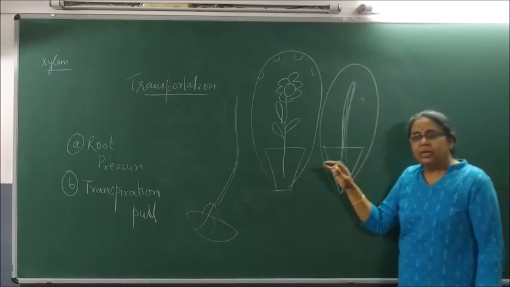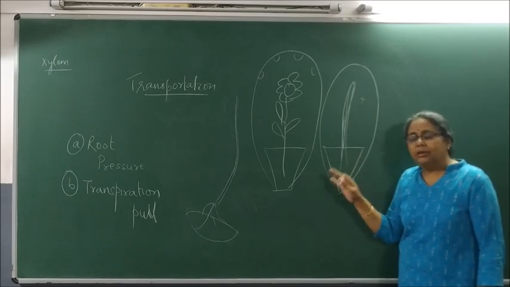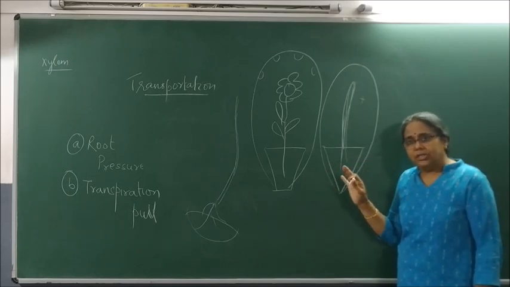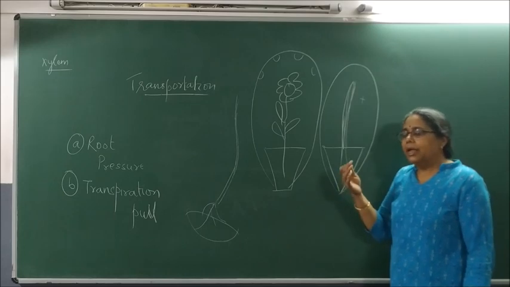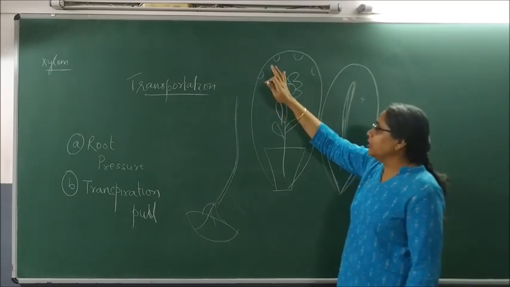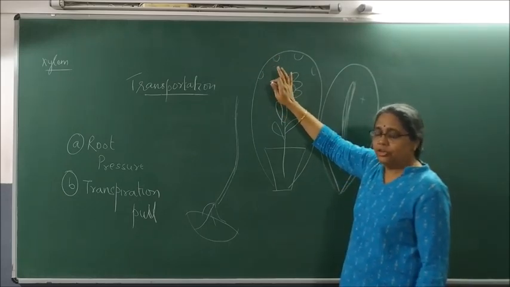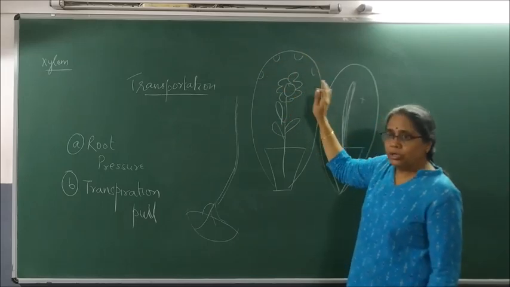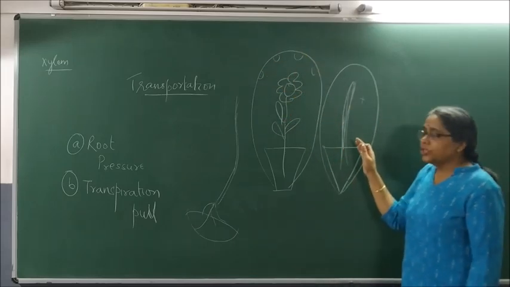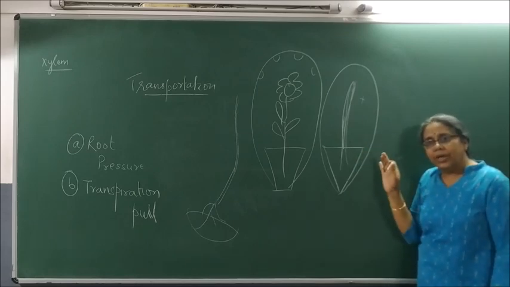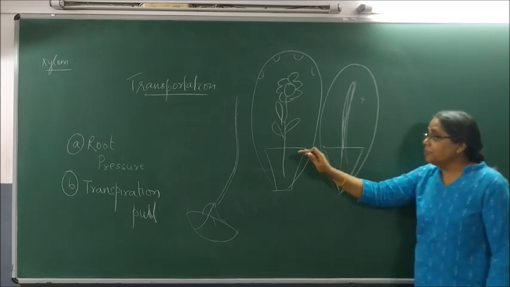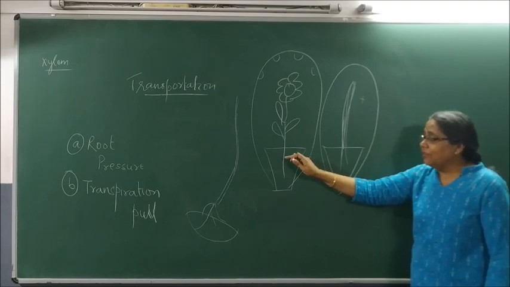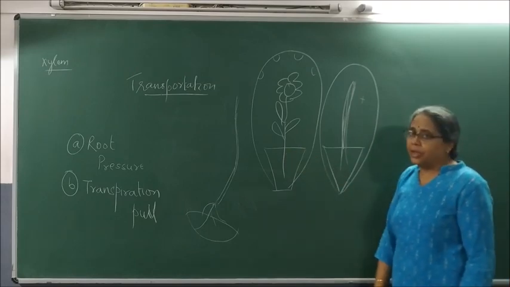I left it in the sunlight for a few hours, left it overnight, and when I came next day and saw the polythene sheet which enclosed the plant, there were some water droplets, whereas the one with the stick did not have any water droplets. This basically shows that living plants transpire.